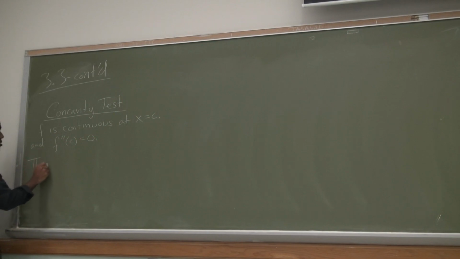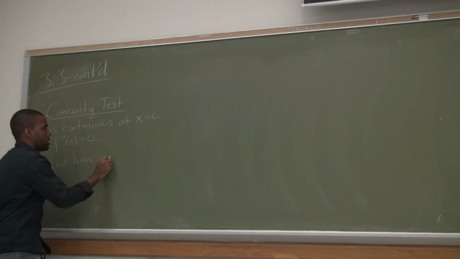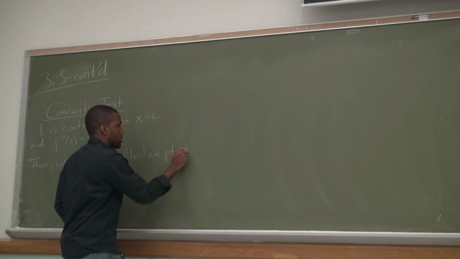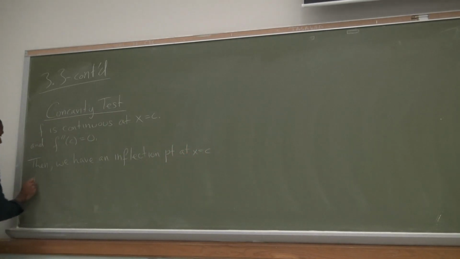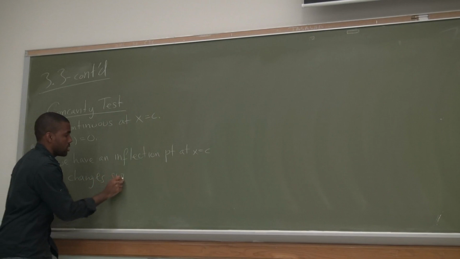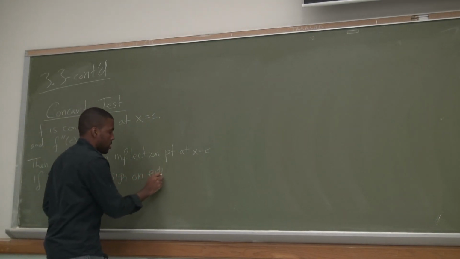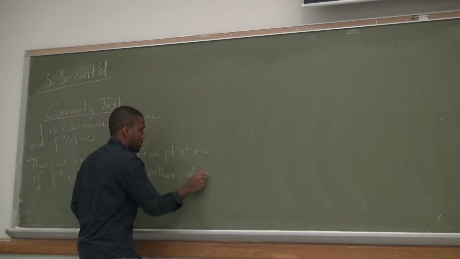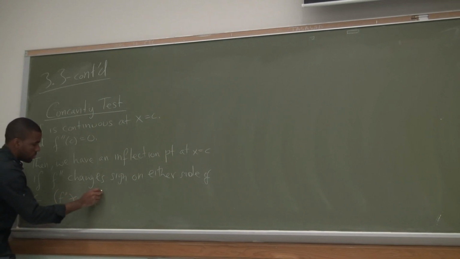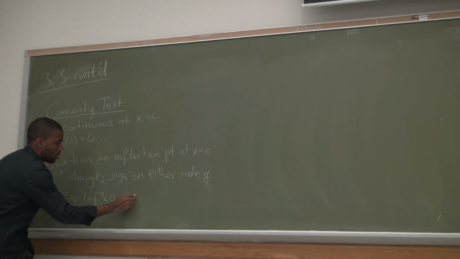Then we have an inflection point at x equals c if f double prime changes sign on either side of c. And that means f double prime goes from positive to negative or vice versa.